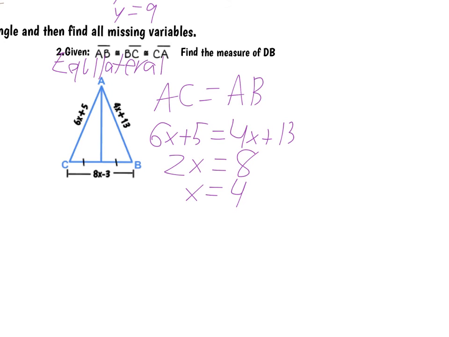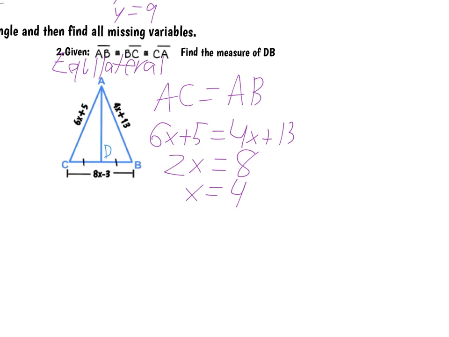Now find the measure of DB. Well, we have our A, our B, and our C, but we don't have a D. I'm assuming that the person who wrote this meant to put a D right there. So let's go ahead and just plug in, for our sake, a D right there to represent this point here.